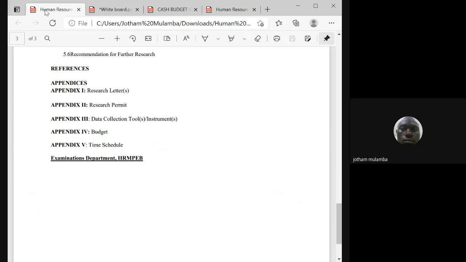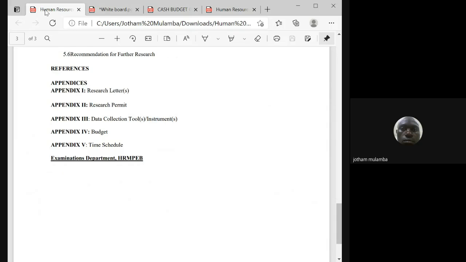Now, on the list of references, you have cited several authors in your document, so you have to acknowledge those authors. You have to tell us the full details. You have talked about Mugenda and Mugenda. What's the title of the book they wrote? Which year was the book published? Who was the publisher for that particular book?